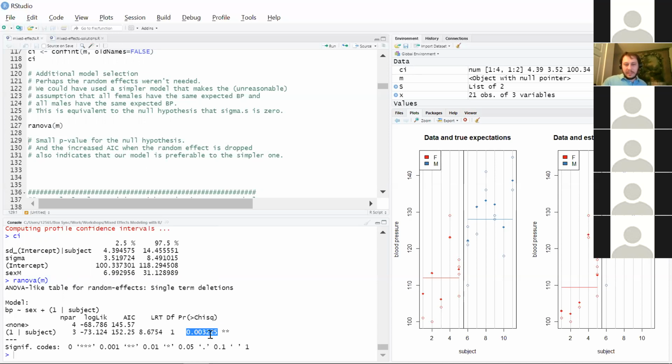So that's strong evidence that dropping this term wouldn't make sense, wouldn't square with what the data actually looks like.